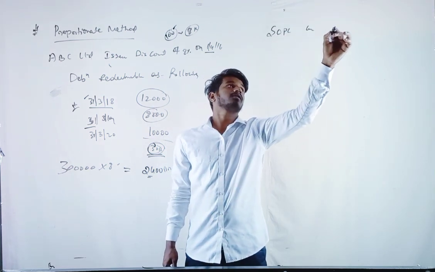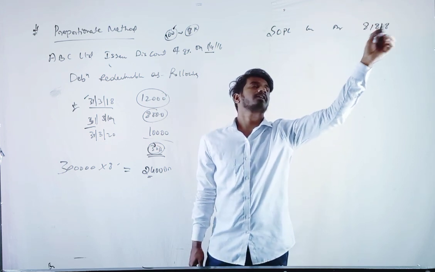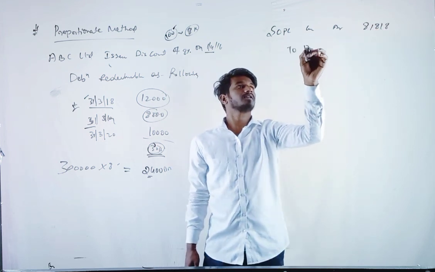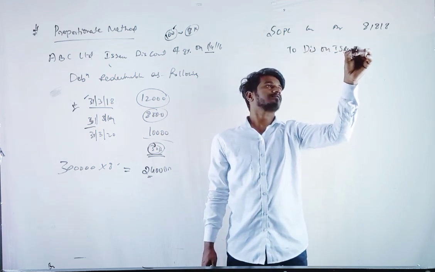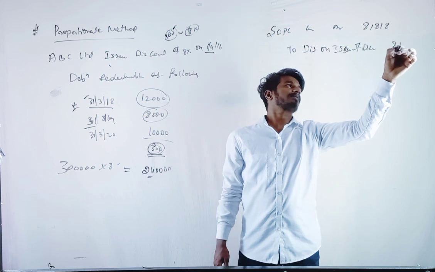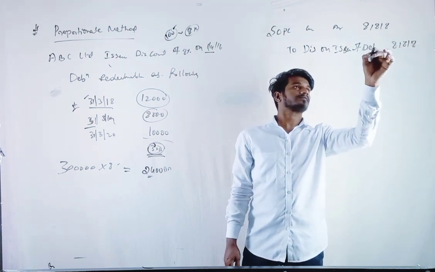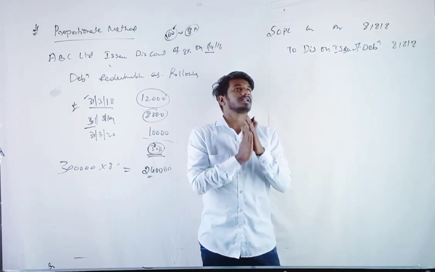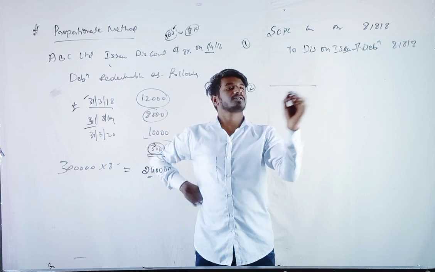SOPL account debit. How much in the first year? 81,818. Right. To discount on issue of debenture, the same 81,818. Is that correct? And it is for the first year. Second year also same entry.